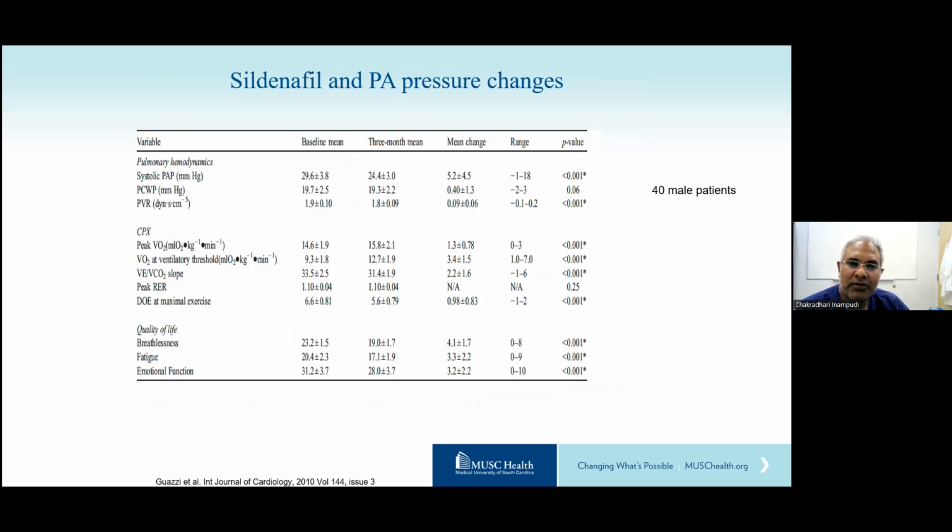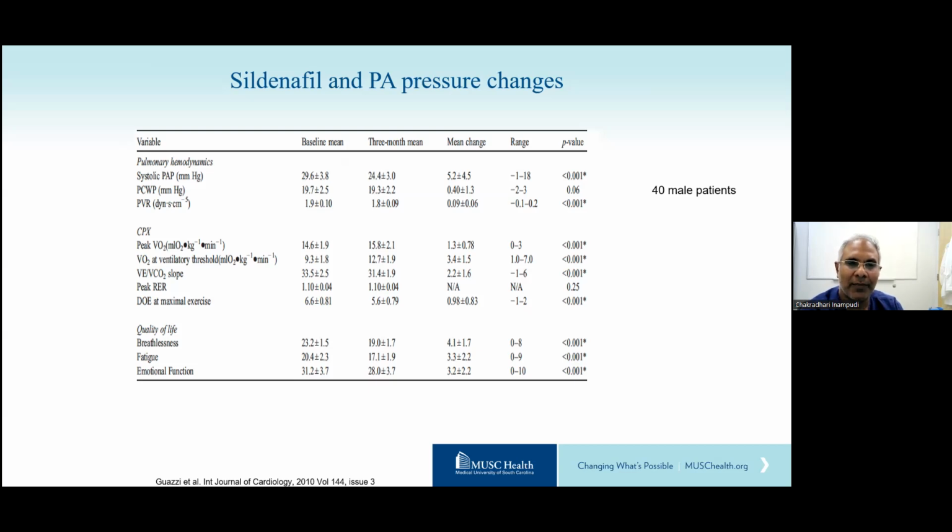This study has shown that as the PA pressures decrease from a baseline to a 3-month mean from 29 to 24, with a mean change of 5.2, there is also an improvement in the peak VO2 from 14.6 to 15.8. And as you could see here, the breathlessness has also decreased, and the emotional function and the fatigue have also come down. So this highlights the importance of sildenafil in reducing the PA pressures.